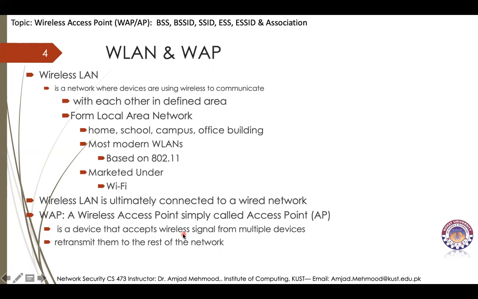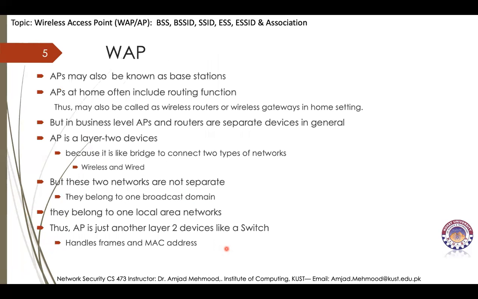What access point does is that it gets signals and then retransmits them in a defined range, where devices can connect. Only those devices connect which have wireless access capabilities, like laptop or mobile. Those devices will get connected.